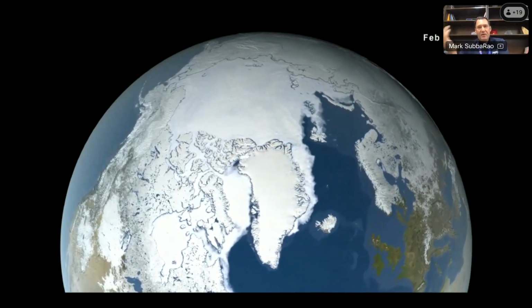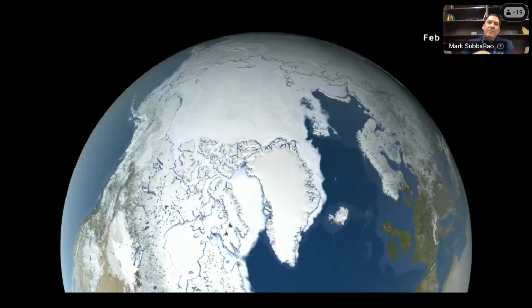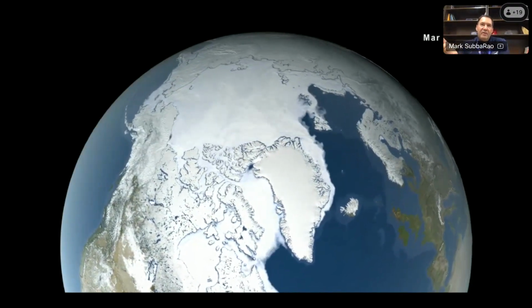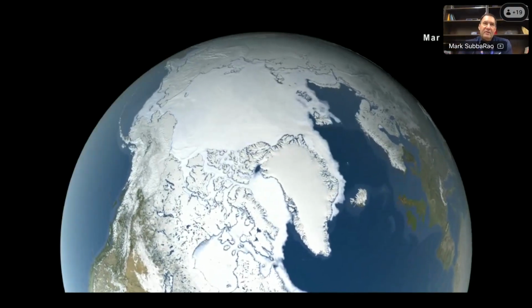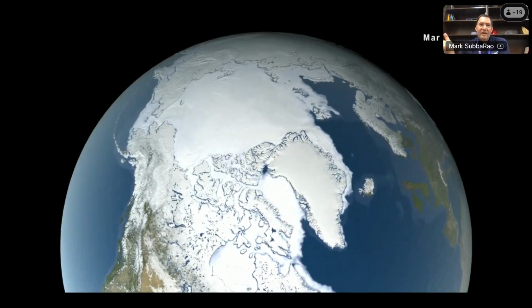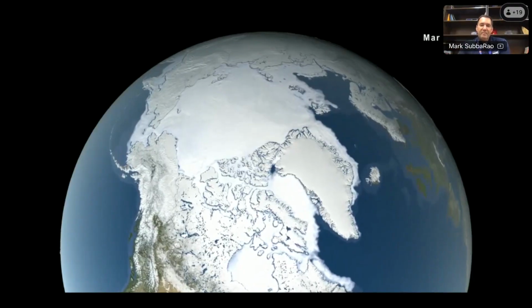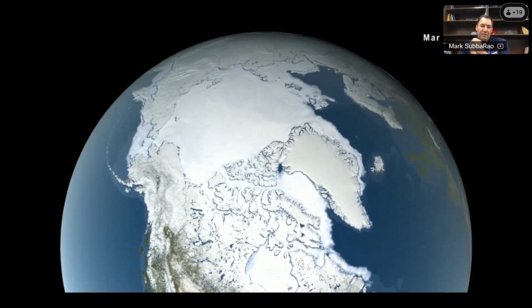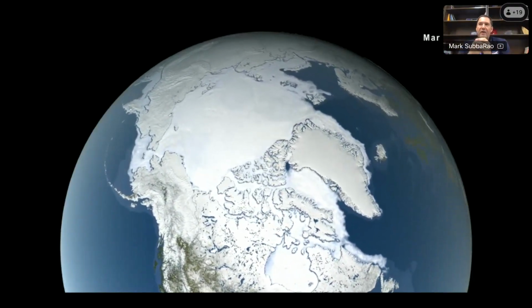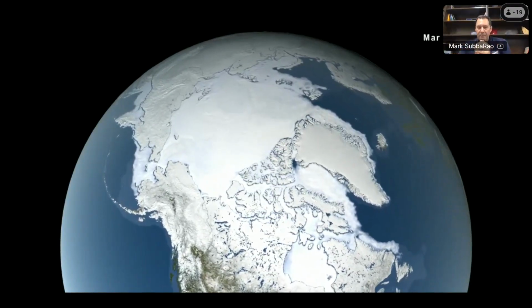We put that out in March, and then in September, we'll put out a visualization doing the reverse from Arctic maximum to Arctic minimum. And likewise, we do the same thing with the Antarctic. So these are 2 products that we put out every year.